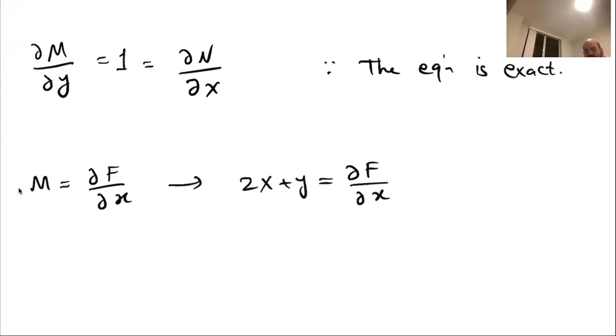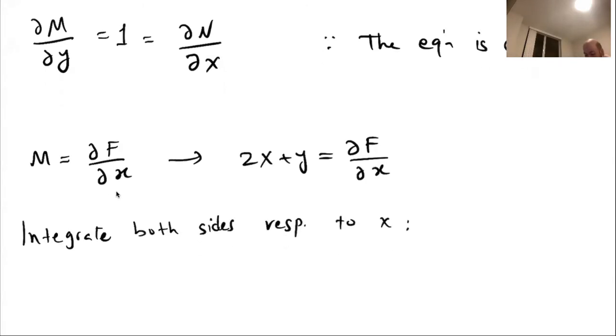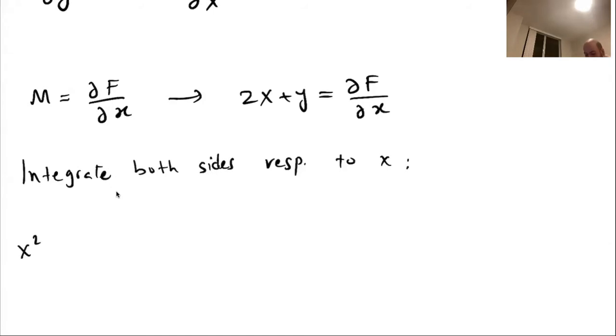If you remember, once you verify that the equation is exact, the first step you have to do is to start with this equation, M equals df/dx, and then integrate both sides with respect to x. Then we'll have x squared plus xy plus a function of y, c of y, equals f of x and y.